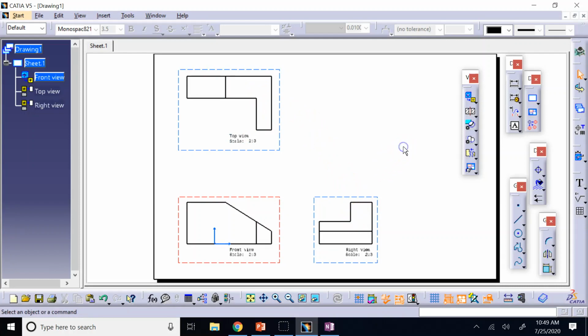So what I can do, I create an auxiliary view. Where is that? It is under the top command next to the isometric. So that is isometry. Next to it is auxiliary view. So first you activate the view in which the plane that you're interested in appears as an edge. Here it is the front view.